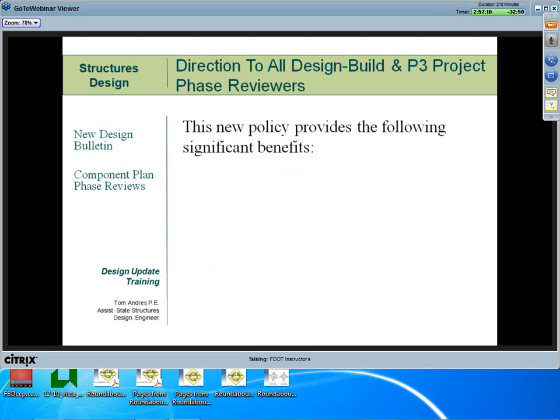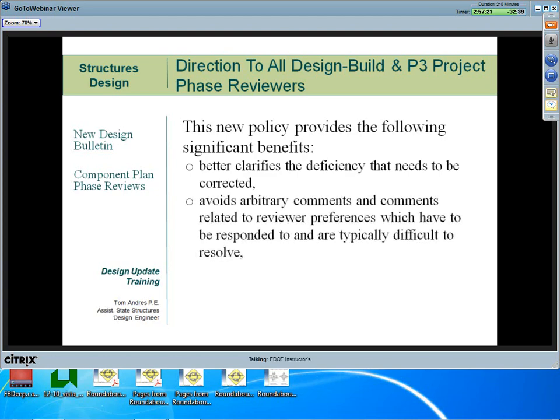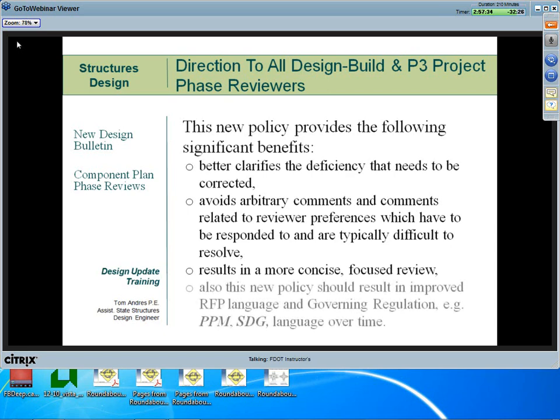The main reason for instituting this new policy is to better clarify the deficiencies that need to be corrected, avoid arbitrary comments and comments related to reviewer preferences, which have to be responded to and are typically difficult to resolve, perform more concise, focused reviews, and improve RFP language and governing regulation, for example, the PPM and the SDG language over time. So we believe that this policy will actually improve our governing documents over time.